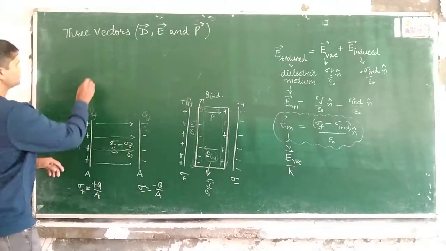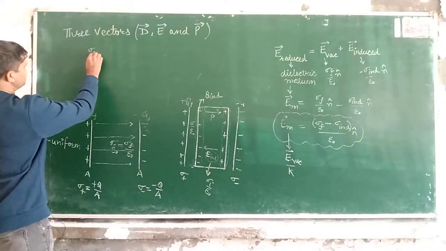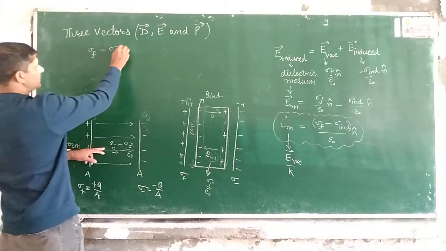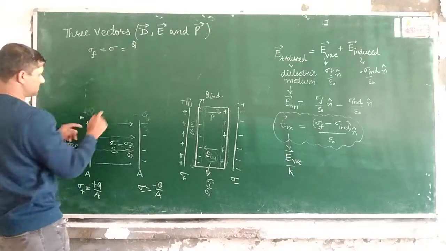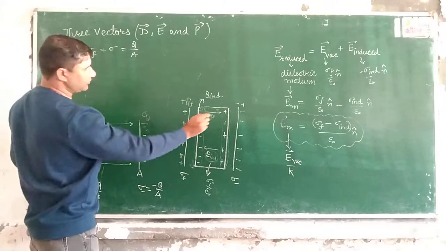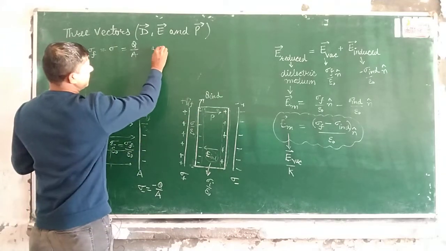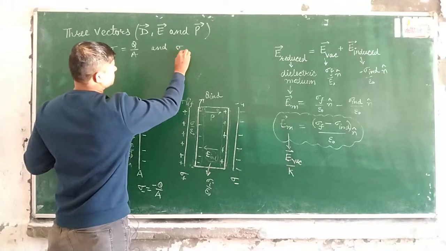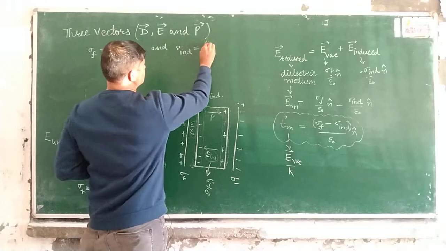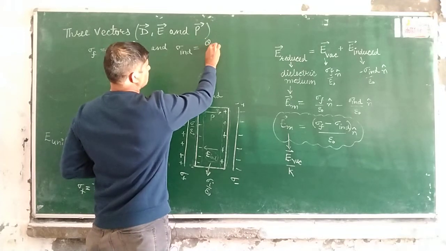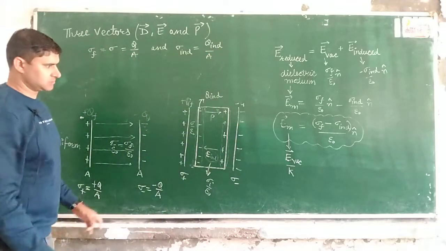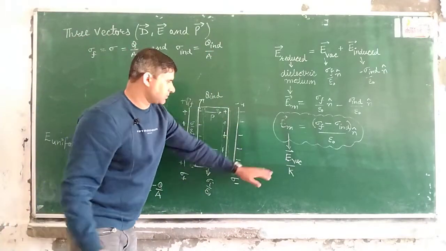So I can write here that the sigma free, this is simply sigma which you use here, and this is the free charge divided by the area. Then you have sigma induced, the bound charge density, so it is given by the bound charge Q induced divided by the area of the plate. Now we will streamline this relation.